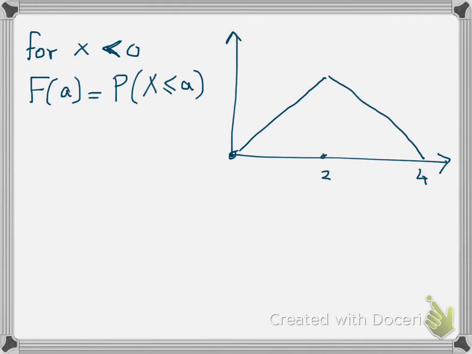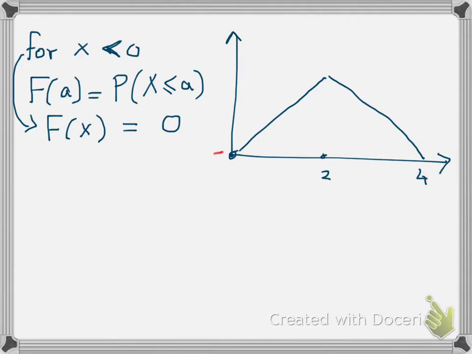So if we say that our x is less than 0, find F of x. It means find the probability when x is less than 0. So x is somewhere here. The function is not defined outside this interval, so it's equal to 0 when x is less than 0. So the first value of the cumulative F of x is 0.